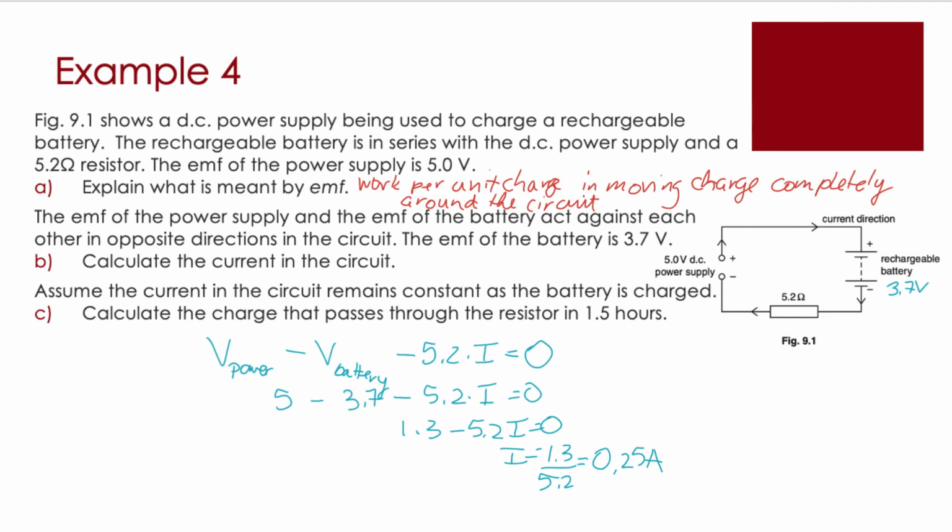So calculate the charge that will pass through the resistor in 1.5 hours. Well, our equation will be charge is going to be the current times time. Our current was found to be 0.25, and 1.5 hours will be 1.5 times 3,600, which is turning the hours into seconds, and I get 1,350 coulombs.